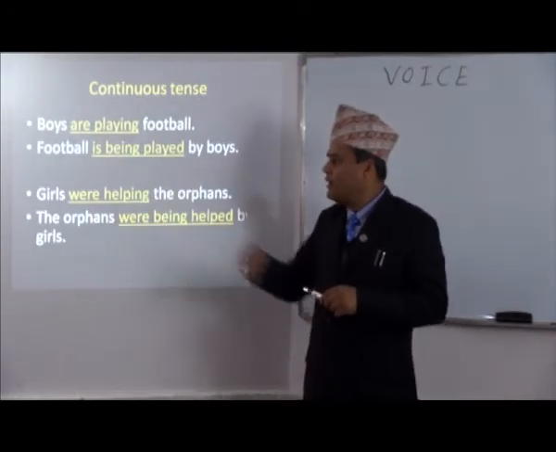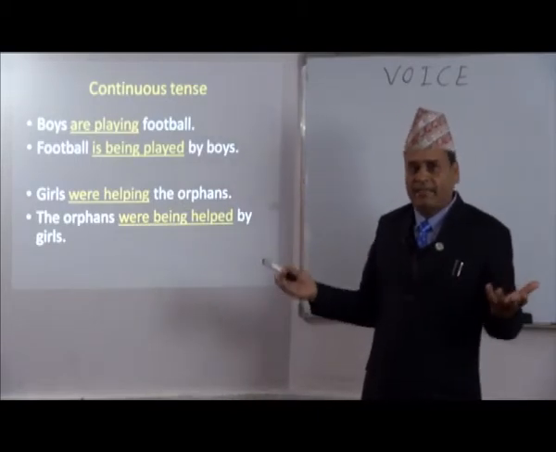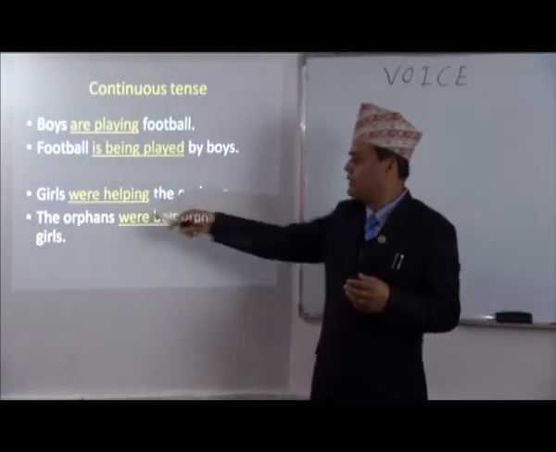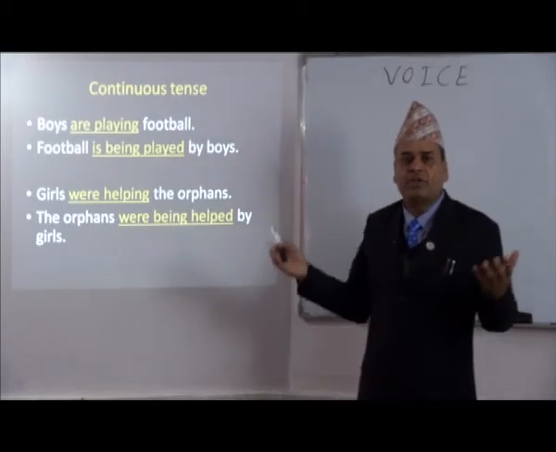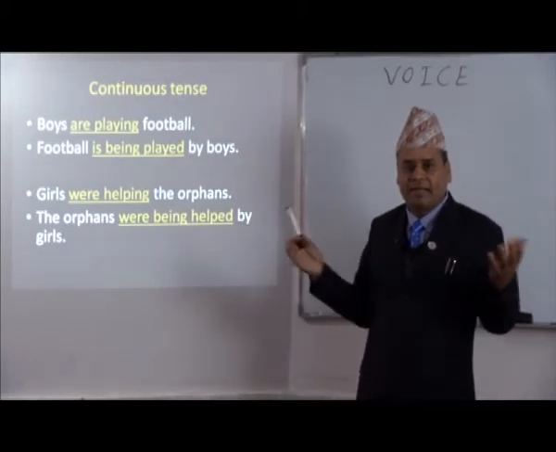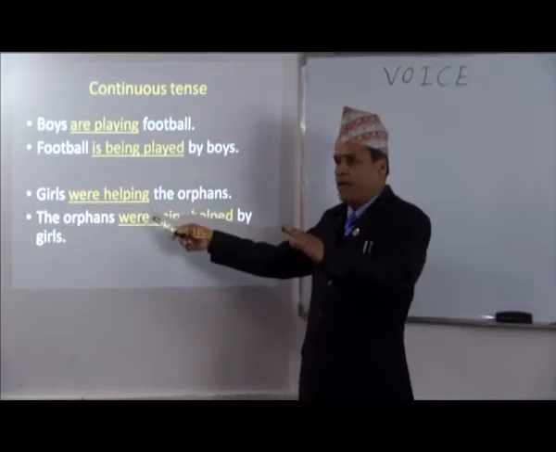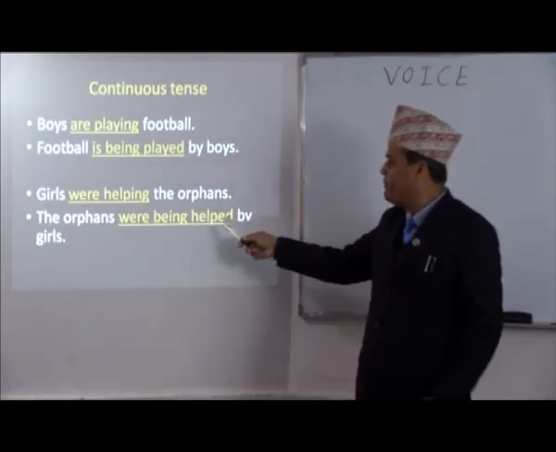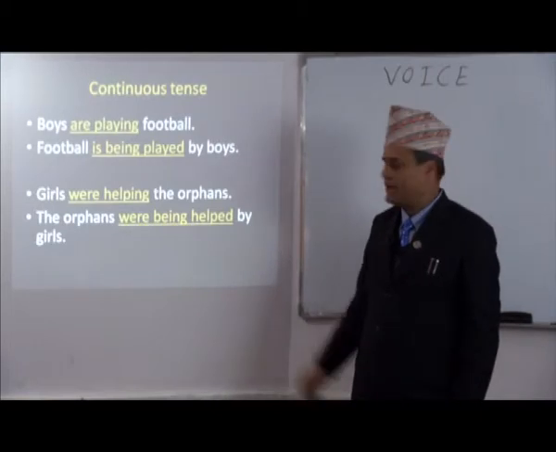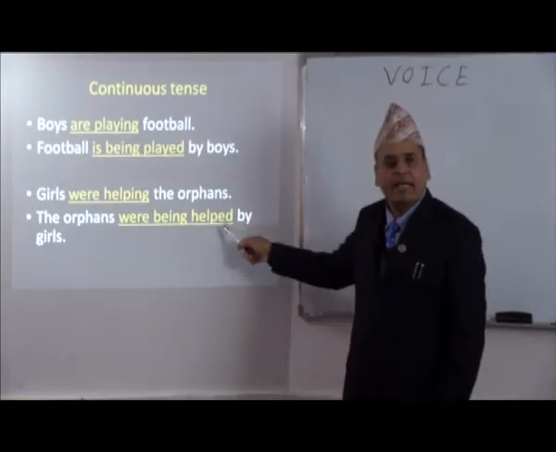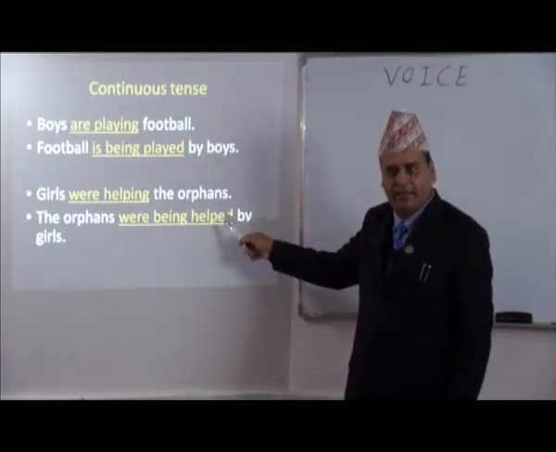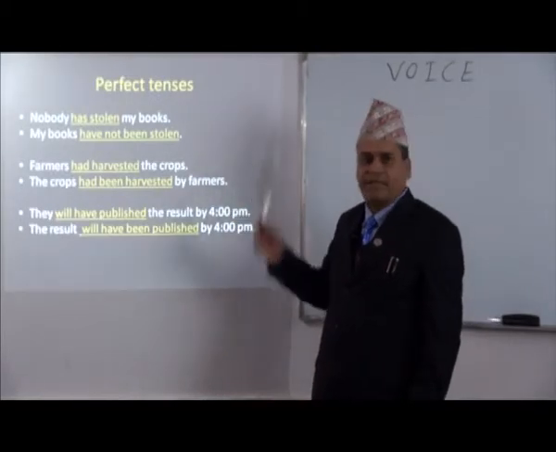Here, girls, plural, were. Similarly, the orphans become the subject in the second sentence, that is the passive sentence, and we are using were here. So, the orphans were being helped by girls. Were being helped. Alright?